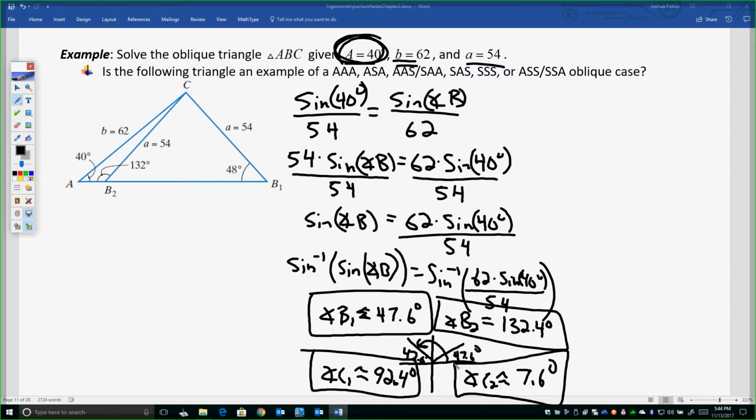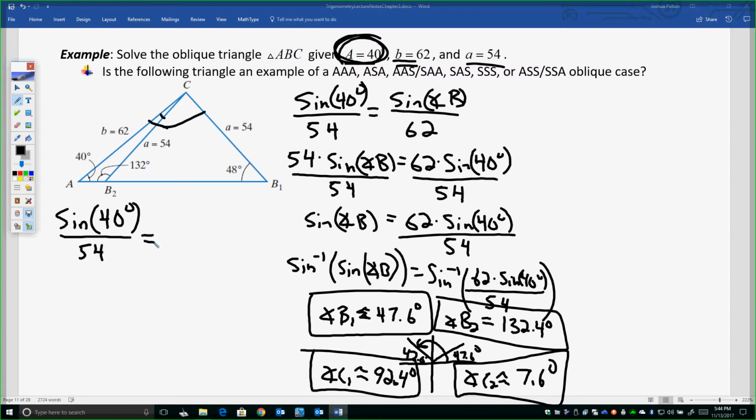And I showed that in the diagram here on the left, although I rounded the numbers off with my software, but very similar. Okay, but that also means there are two angle C's, because they're going to be the little c and the big C. So the only ratio we know is the A, so that's the sine of 40 degrees over 54. That's our A ratio, A side to angle side.